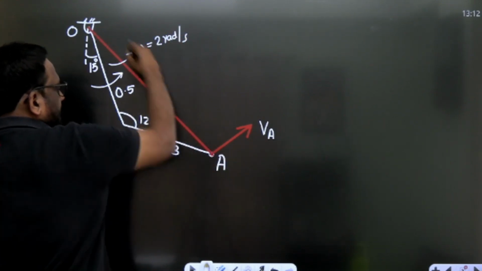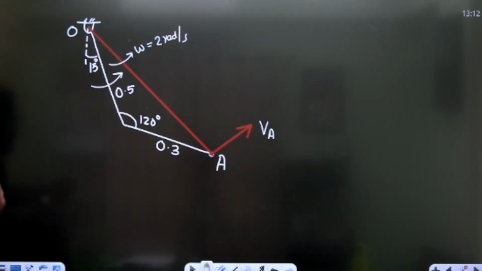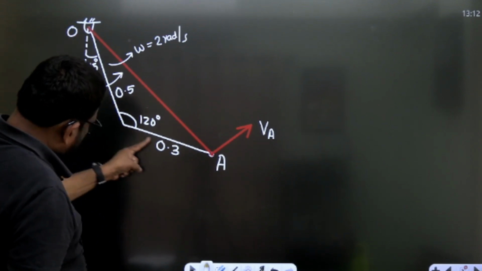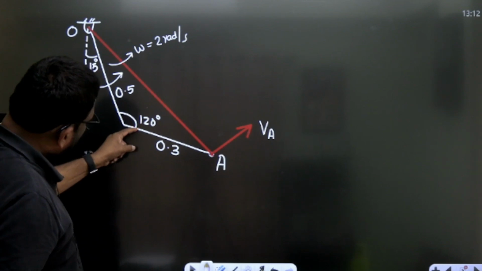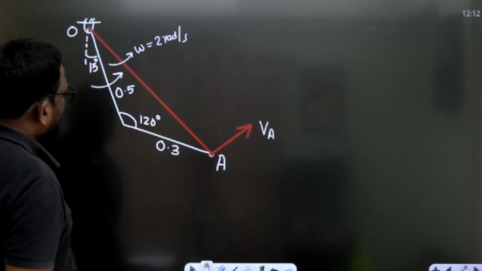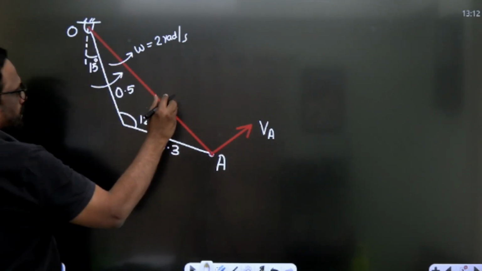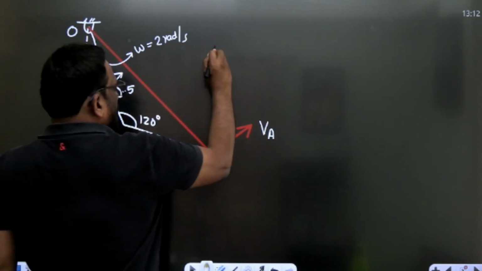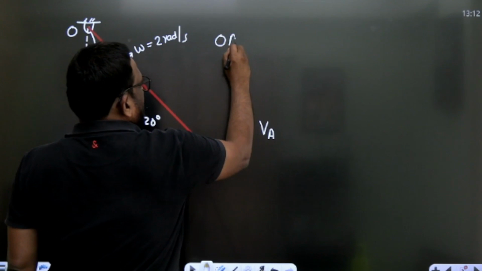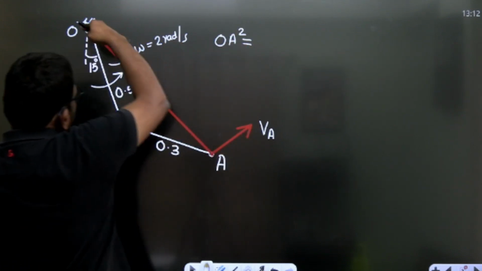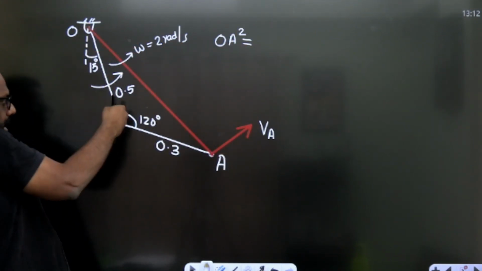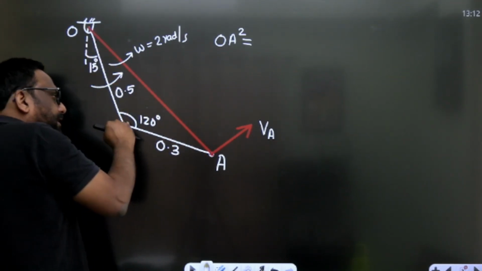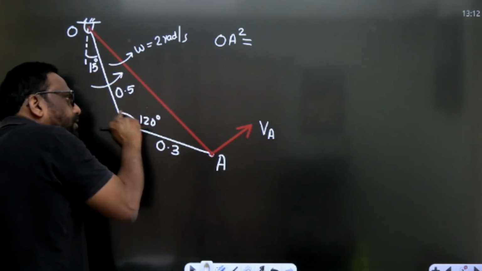Now, how do I find this length? Very simple, sir. Let us apply the cos rule. This is 0.5, this is 0.3, and the included angle is 120. So I can easily find OA. OA square is equal to this square plus this square minus 2 into this length into cos of included angle.